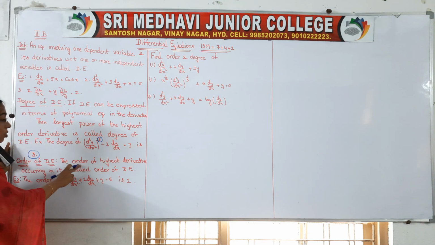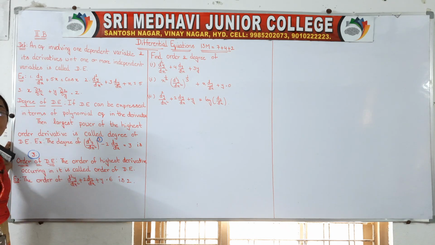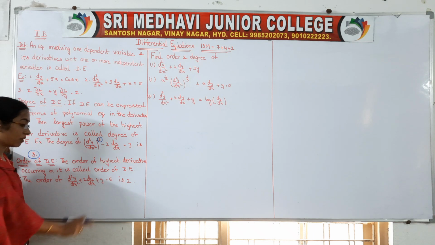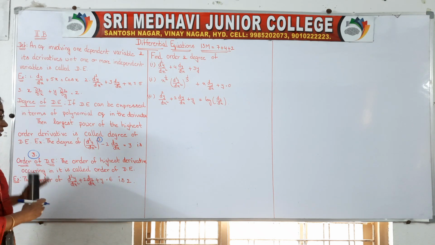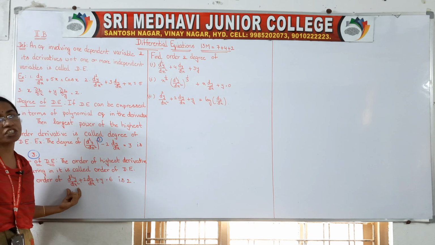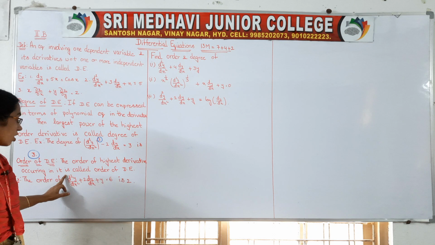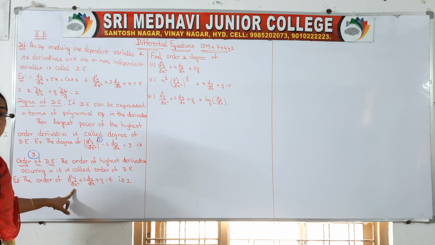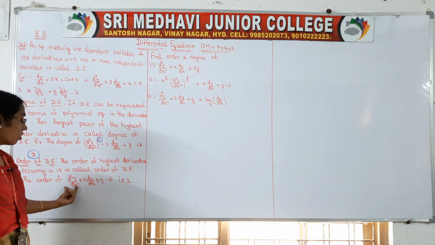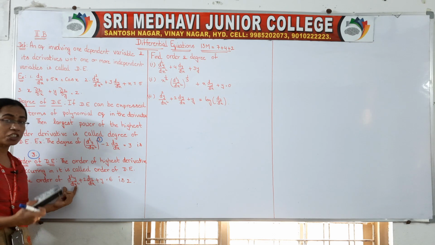Now come to order. Already I told you, the order of the highest derivative occurring in it is called the order of the differential equation. So just see the equation, which is the highest order term, and how many times it is differentiated, that is its order. The highest order term is d square y by dx square. So what is the order? How many times is it differentiated? 2 times.